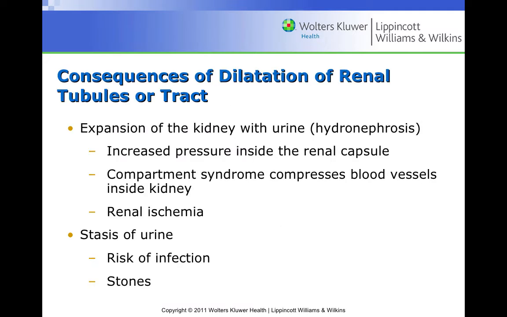kidneys. Consequences of extreme dilation of the renal tubules creates a condition where the kidney fills up with urine, and we call it hydronephrosis. That increased pressure inside of the renal capsule creates kind of like a compartment syndrome, like what we get when we put on a cast and it's too tight on the arm.